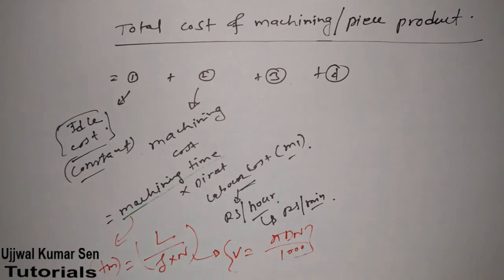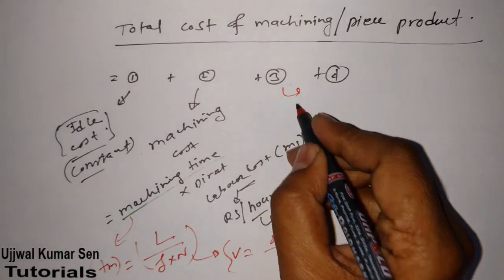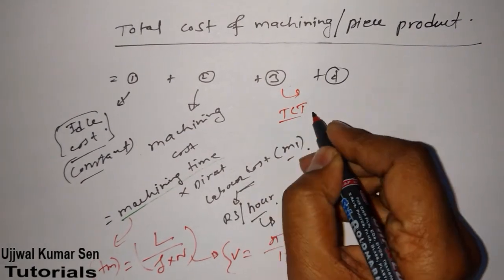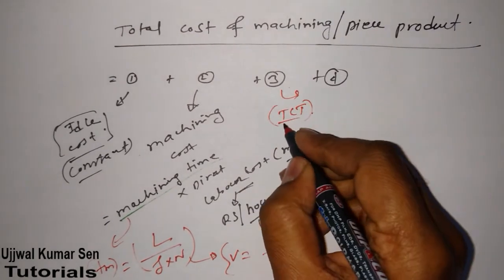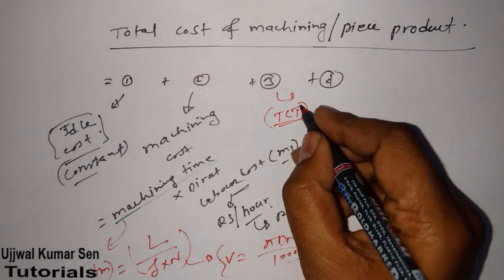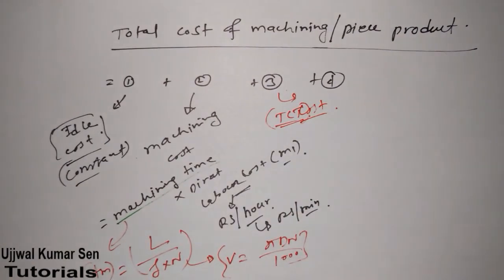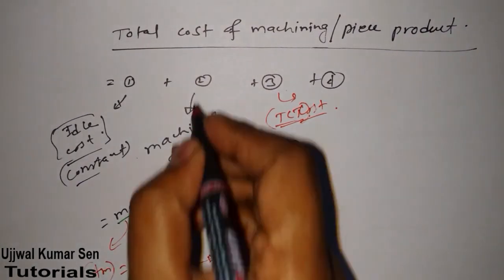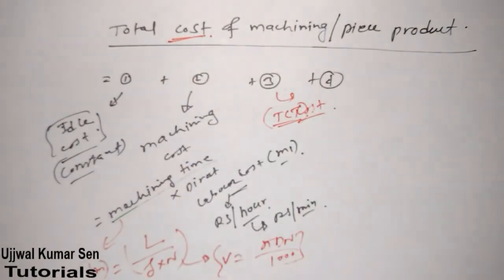Now the third one, that is TCT, but not exactly TCT. TCT means tool changing time, but I must say it is tool changing cost, because here we are talking about cost.